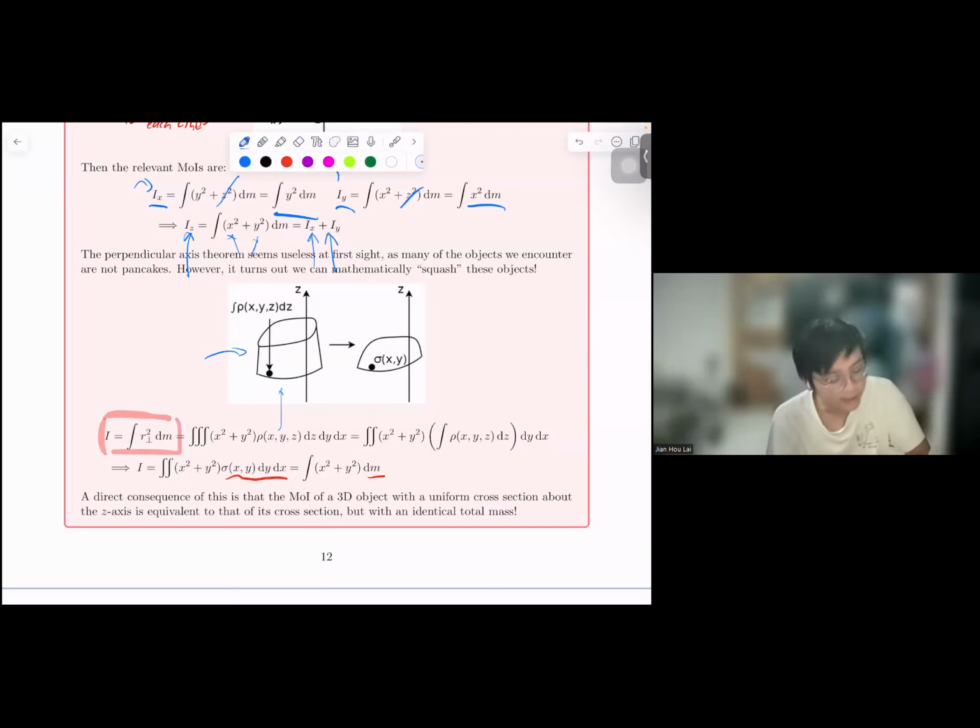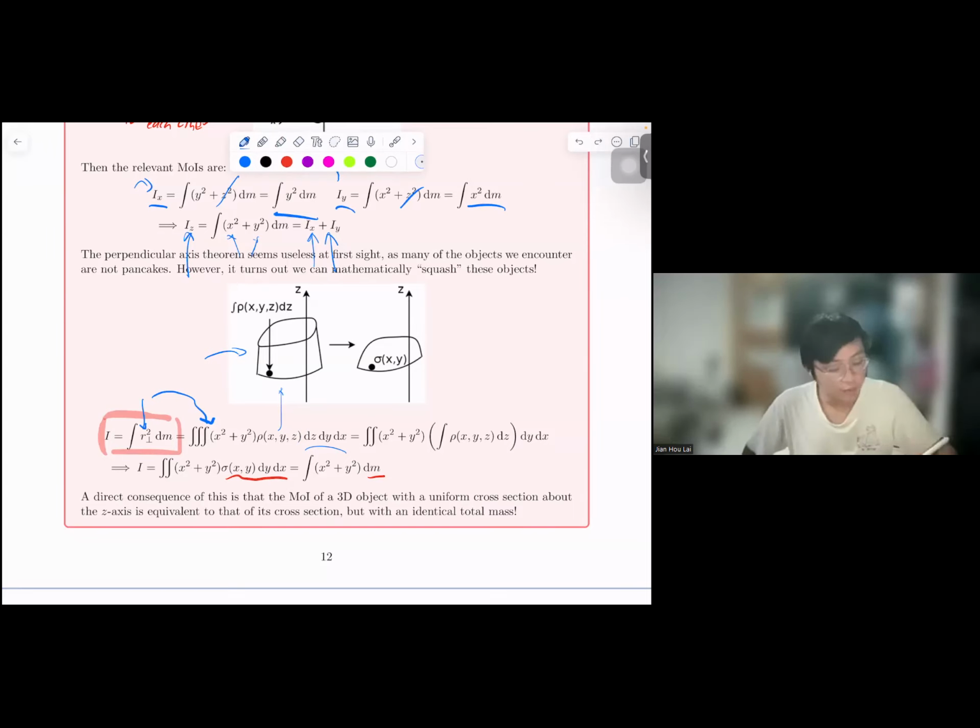We consider dx, dy, dz, a triple integral of x squared plus y squared, times the volume density of the rigid body.